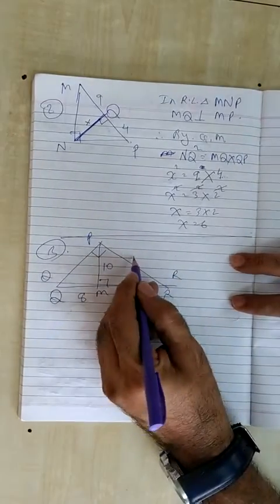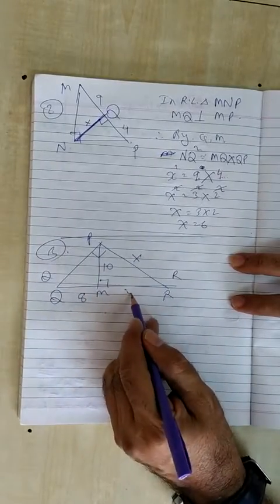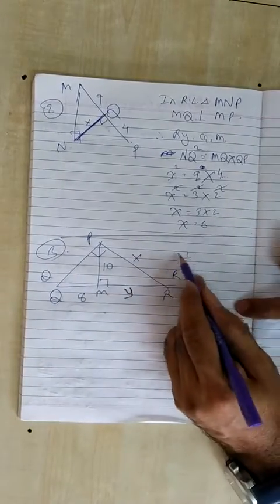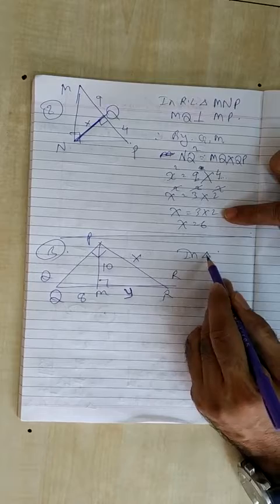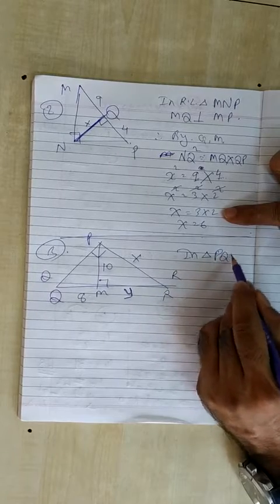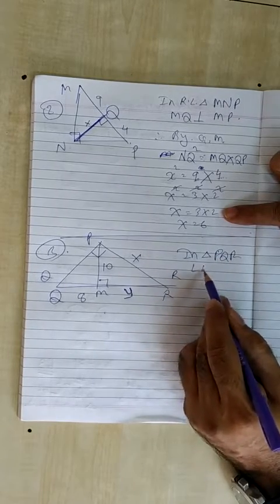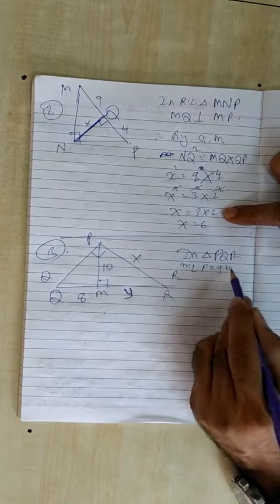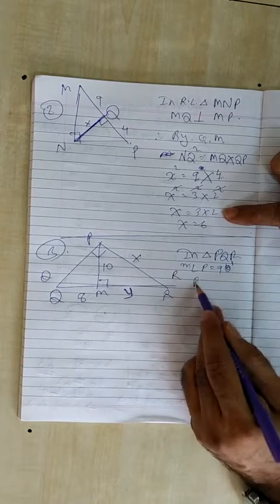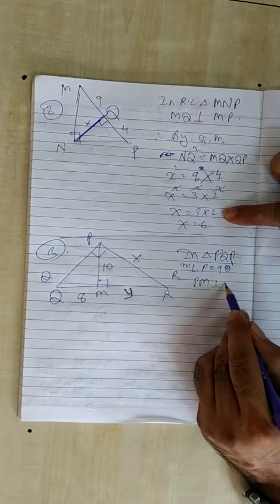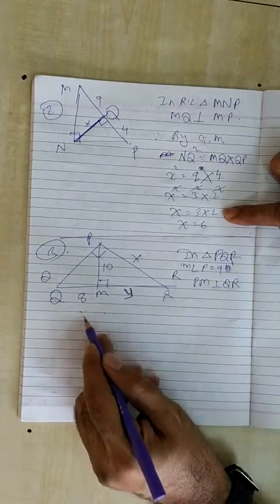Find QR. First we will find this. In triangle PQR, measuring angle P is equal to 90 degrees. PM perpendicular to QR it is given.